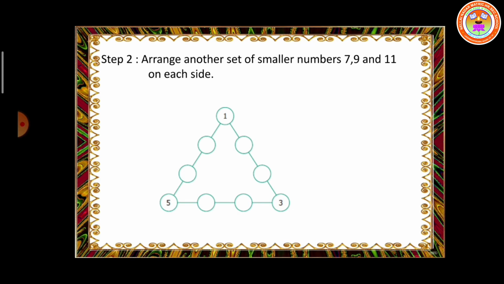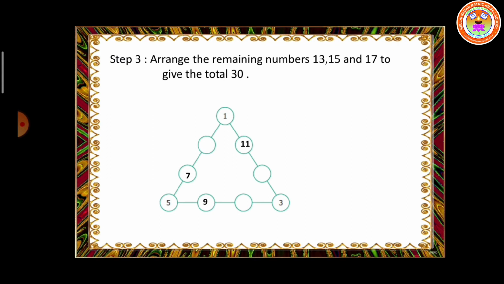Step 2. Arrange another set of smaller numbers 7, 9, 11 on each side. Step 3. Arrange the remaining numbers 13, 15 and 17 to give the total 30. First, 5 plus 9 plus 3, 17. 1 plus 11 plus 3, 15. 1 plus 7 plus 5, 13.